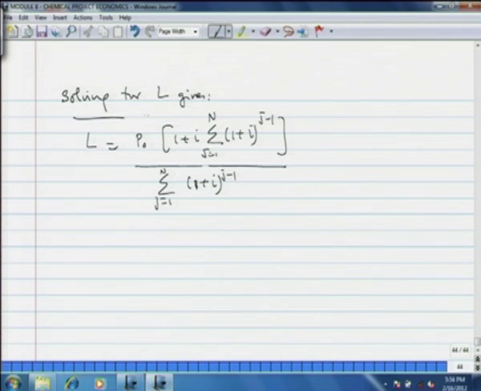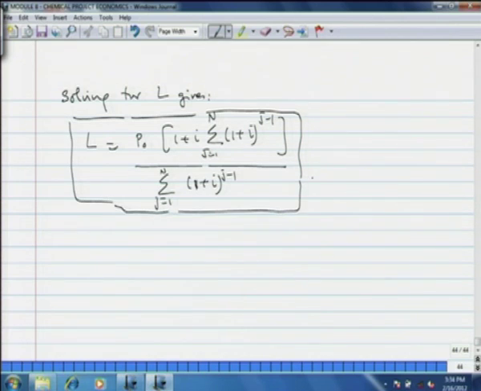So, this is how the periodic payment L is calculated for a given interest rate I and the number of periods n.